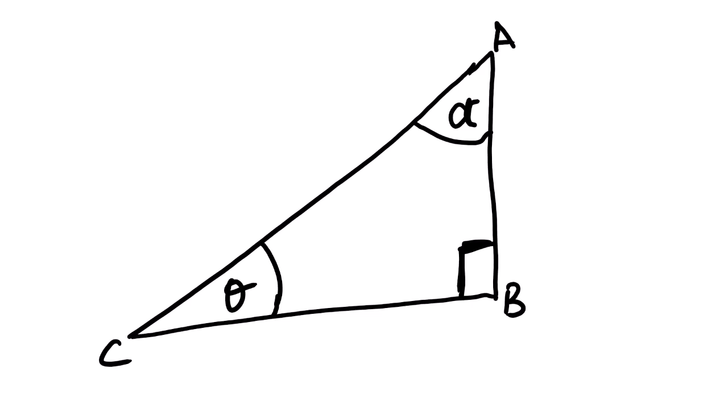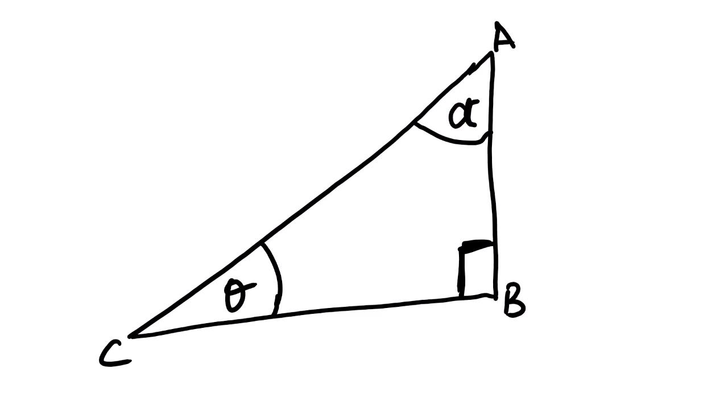Now what we know is that a right-angled triangle, one of its properties, is that it has 90 degrees. So we normally represent 90 degrees with this symbol. One of the interior angles is theta, and then the other one is alpha.